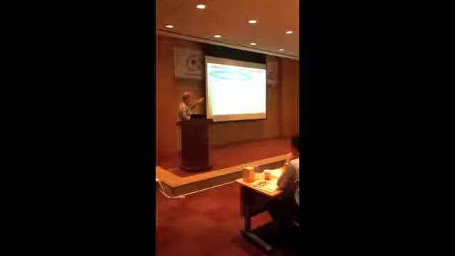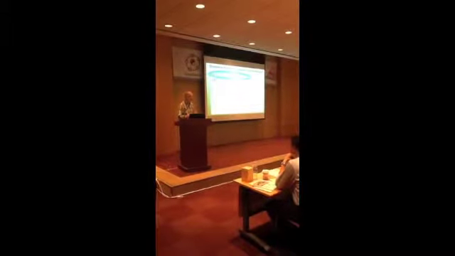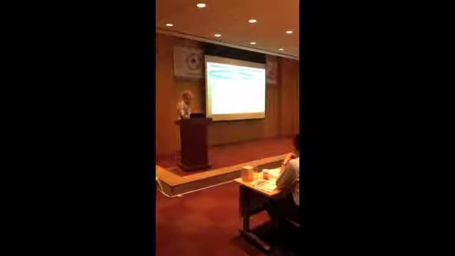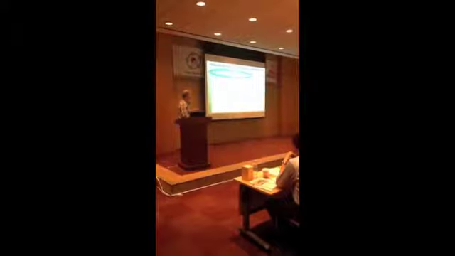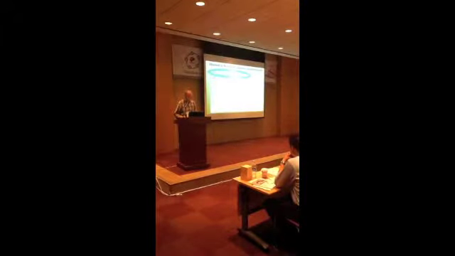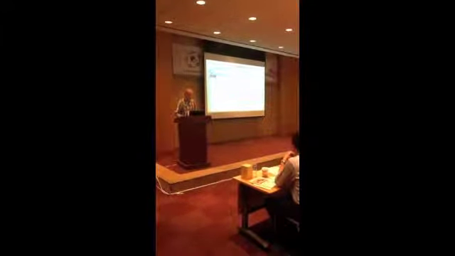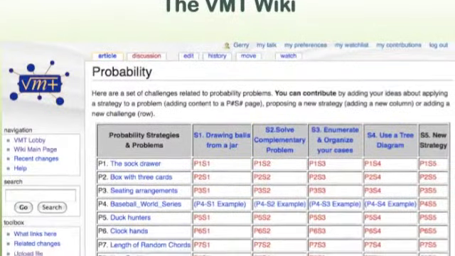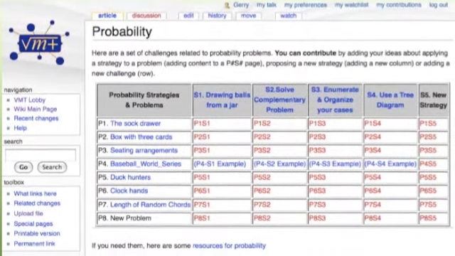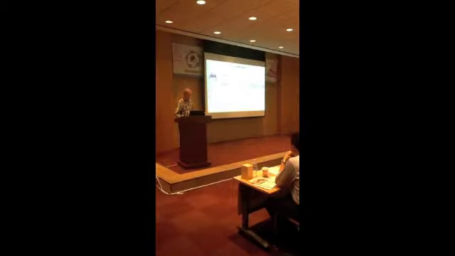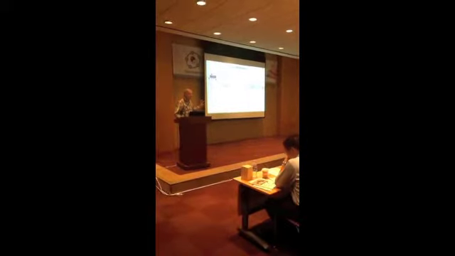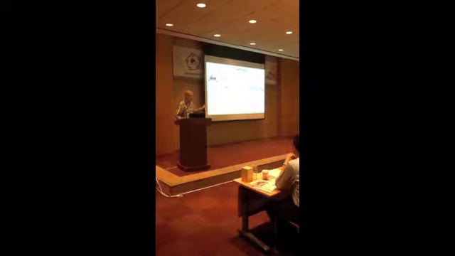There's also a whiteboard and a wiki for asynchronous discussion and storage of the findings of the groups, as well as the synchronous chat. So here's a picture of the wiki, for instance, where different groups who have worked on the same problem can share their findings and read each other's findings asynchronously.